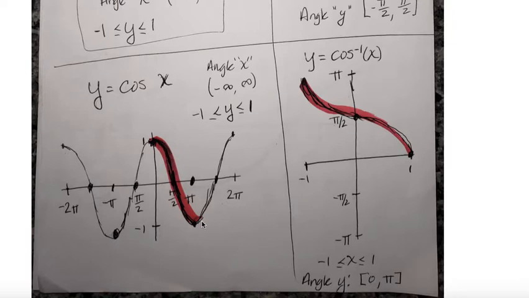It is one-to-one. So restricting the domain to just that piece, I can get the cosine inverse function. So restricting the domain to 0 to pi on the cosine function becomes the range on the cosine inverse function. 0 to pi, 0 to 180 degrees, quadrant 1 and quadrant 2 angles.